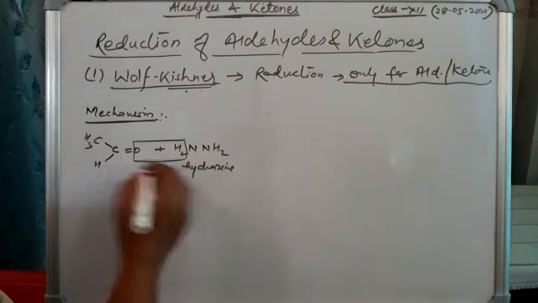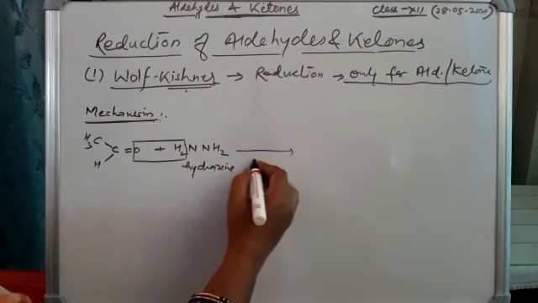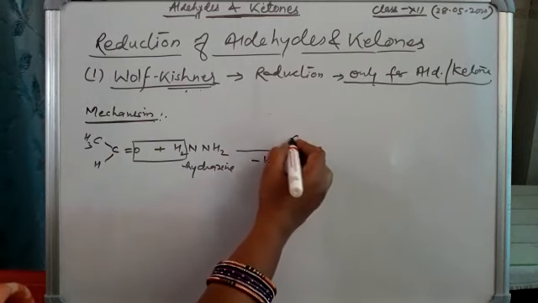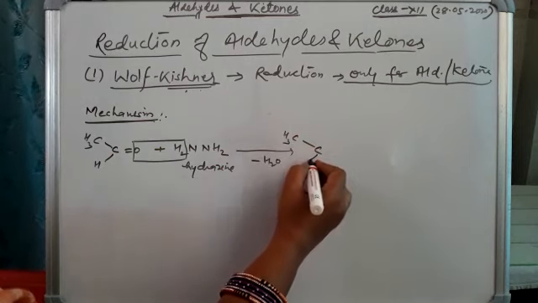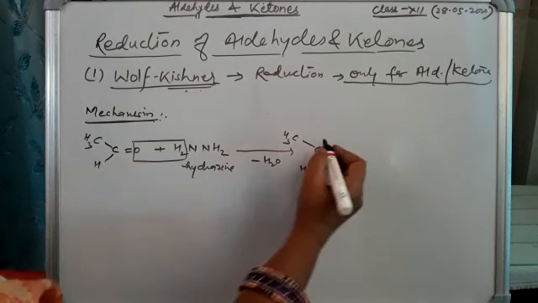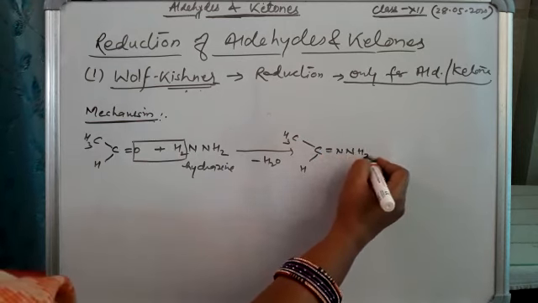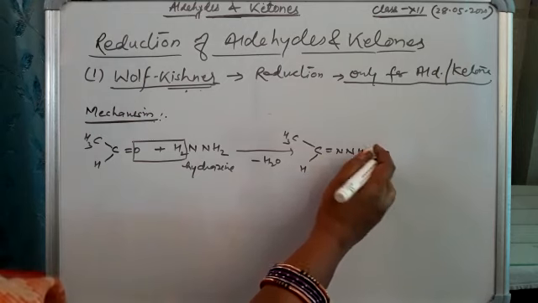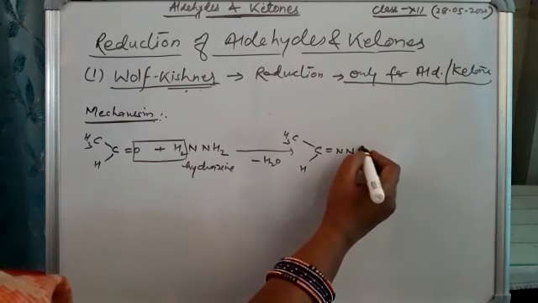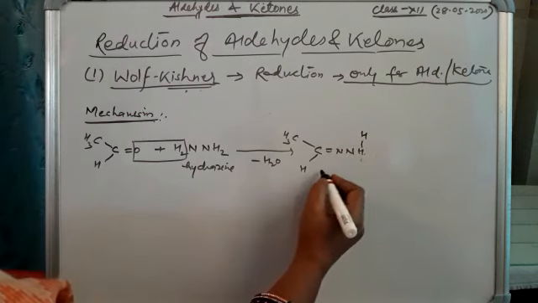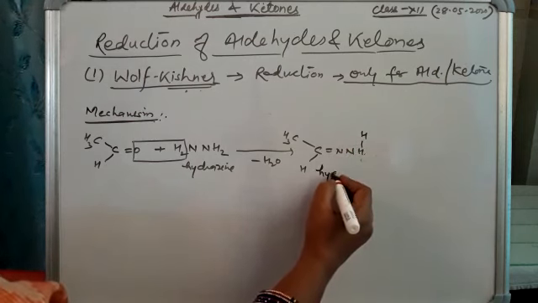Removal of H2O takes place. What happens? Here we get CH3CH=N-NH2. This is known as hydrazone.